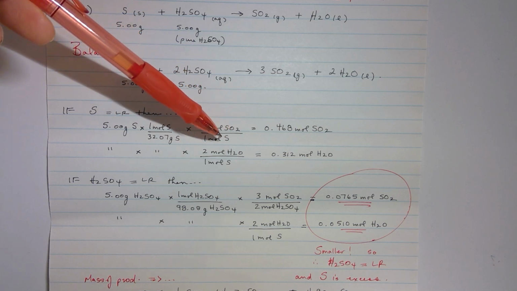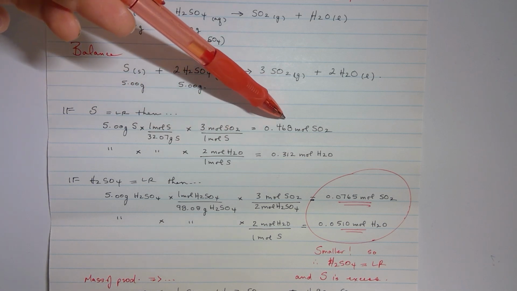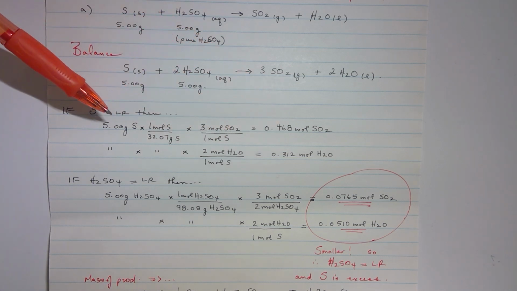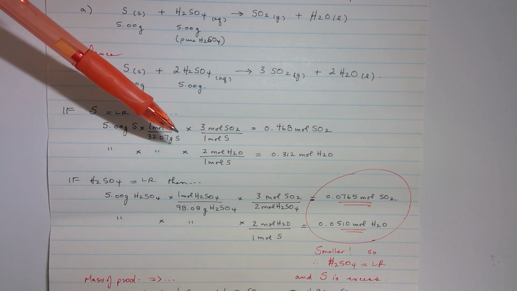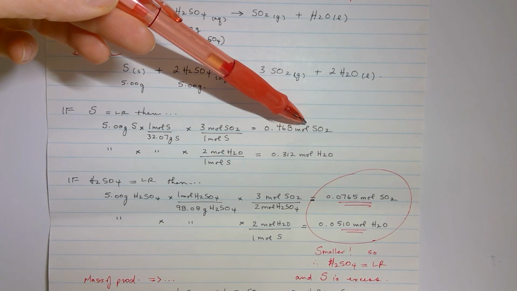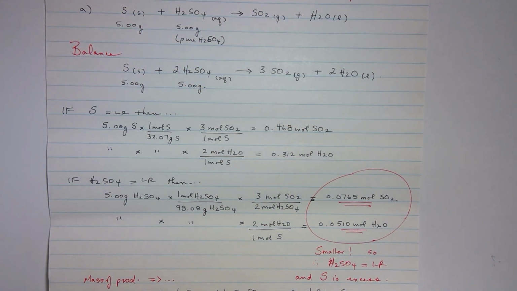So grams of S cancel, moles of S cancel, leaving moles of sulfur dioxide. I know they're asking for the mass, but right now I'm just trying to figure out which one is limiting, so I want to leave it in moles.